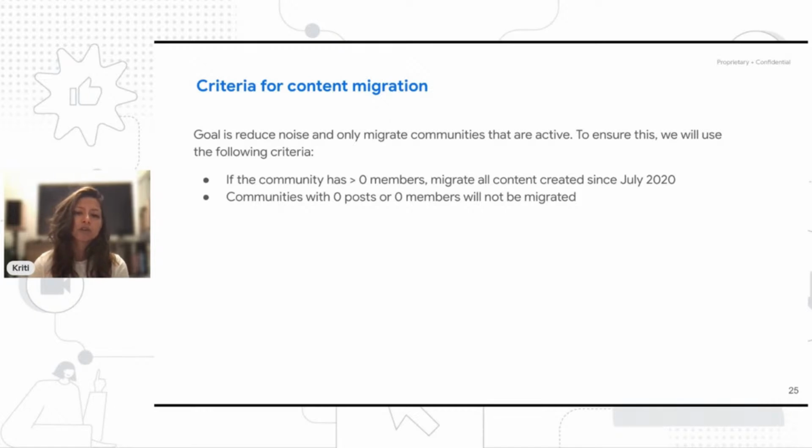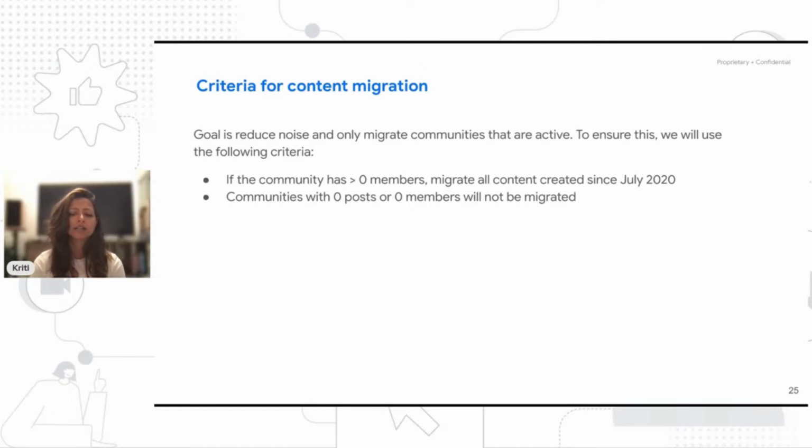Or if there are communities that have 0 members, those communities will also not be migrated. And in general, for any community that is being migrated, only data that has been created since July 2020 will be migrated over to Spaces.